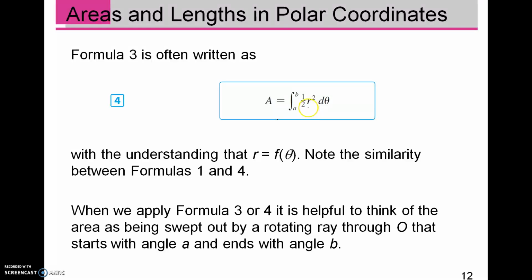Alright, so we could just replace that f of theta, that polar function, with r, and it simplifies down to what we have here, right? Because r is equal to f of theta.